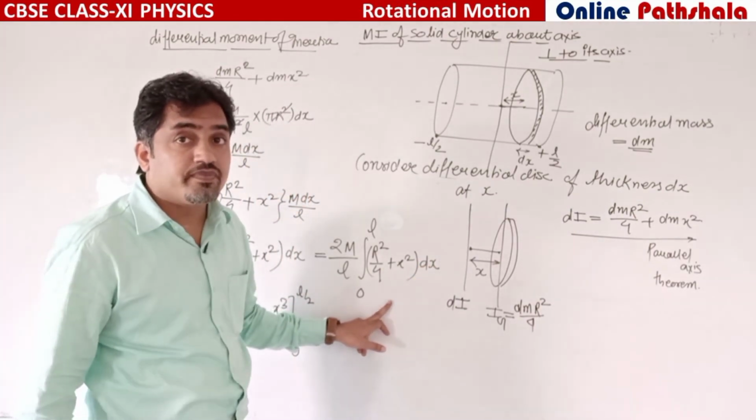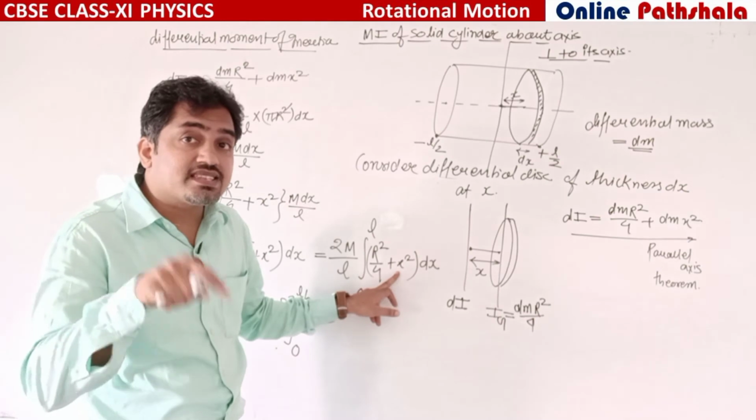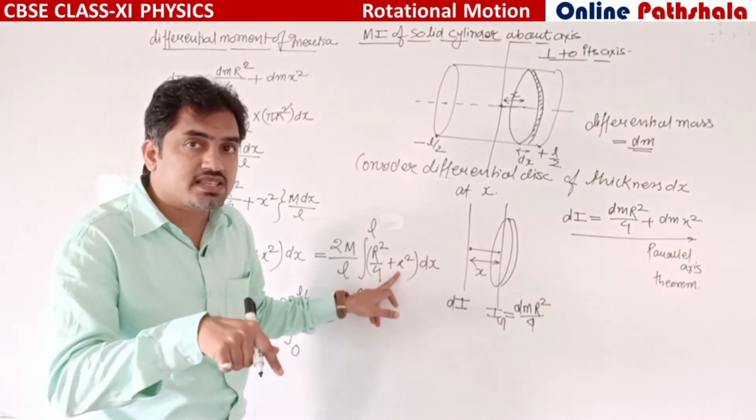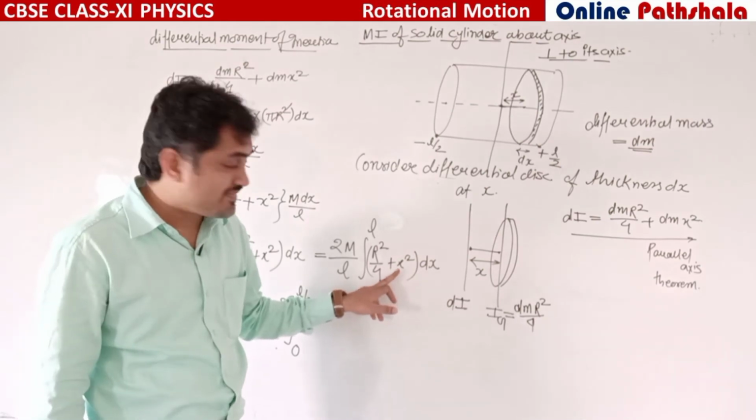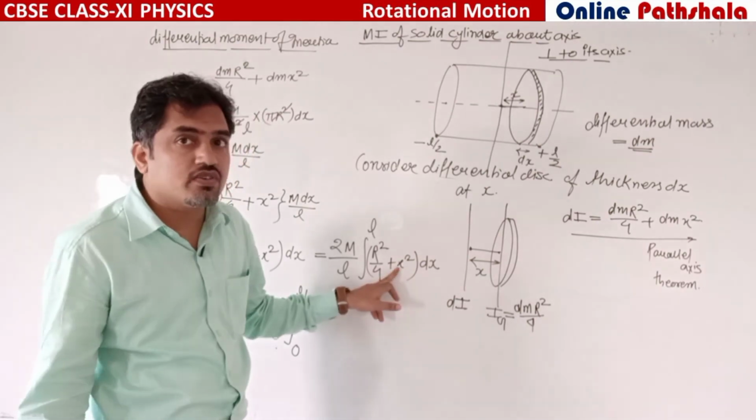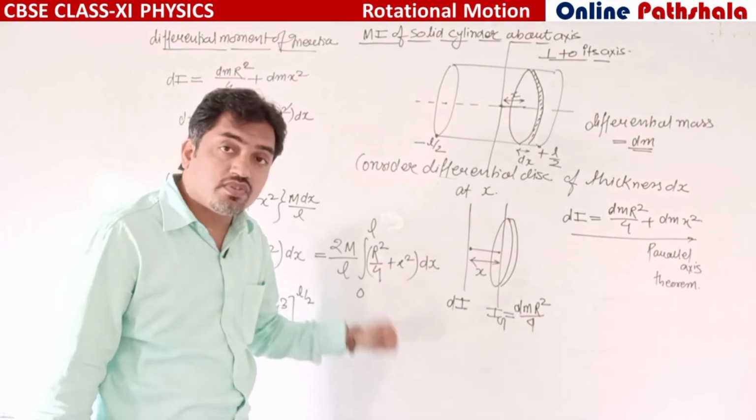We can use this property of definite integration. How can you check it is even? By putting minus x in place of x, we get the same result, since minus x square is equal to x square.